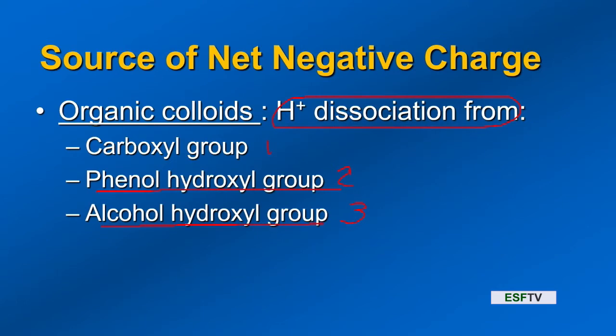These three groups serve as a source, a place where hydrogen can dissociate from. So you'll note hydrogen's positive, H+, and so if H+ migrates away, that leaves a net negative charge. Okay, fair enough. Let's look at that in a little more detail.